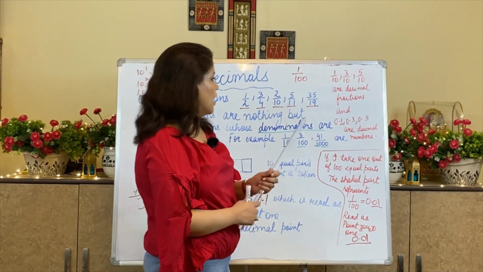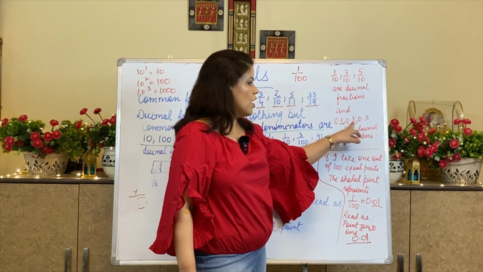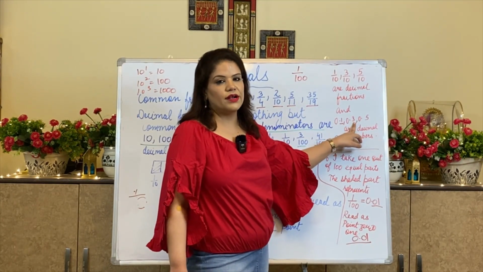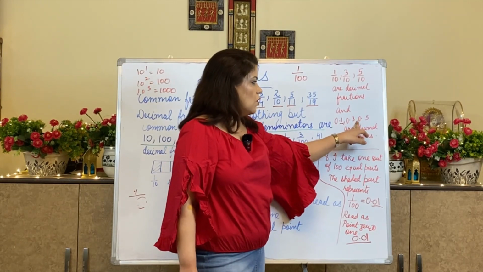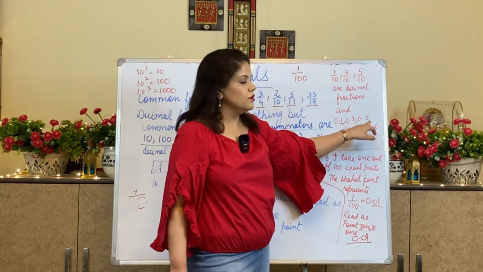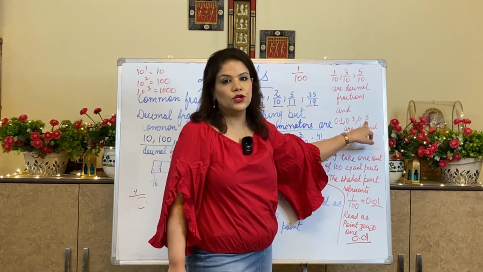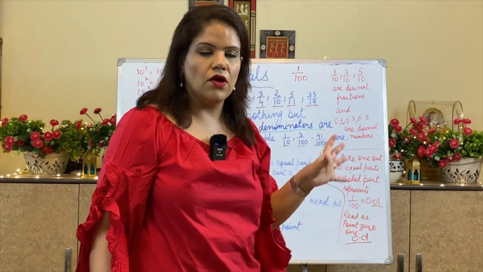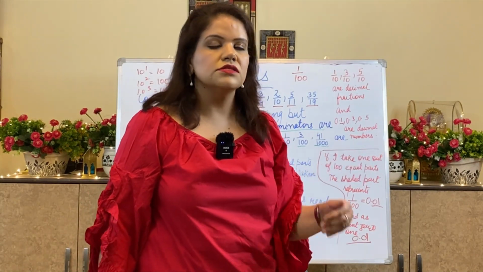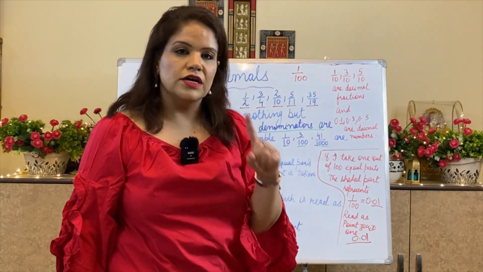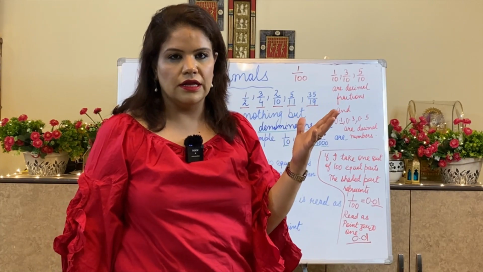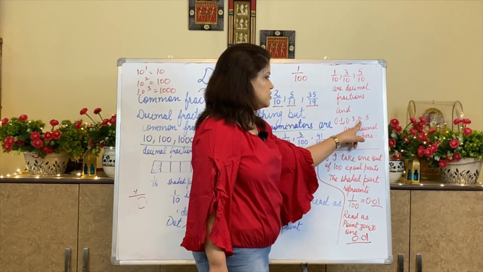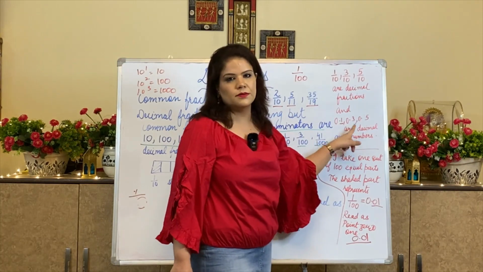So I will put 0, then the decimal point, and then the numerator number. Why am I not using 0 on the left side of the number? Because there is only 1 zero and one digit in the numerator. So that's why we will be using 0.1, 0.3, 0.5, and these are decimal numbers.